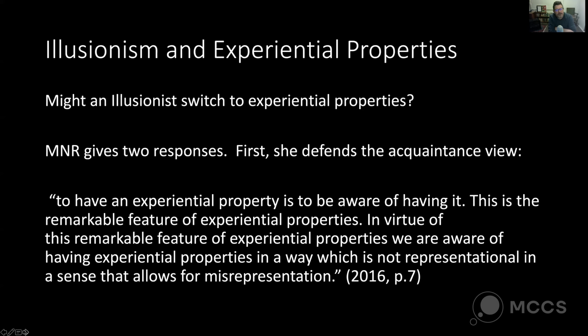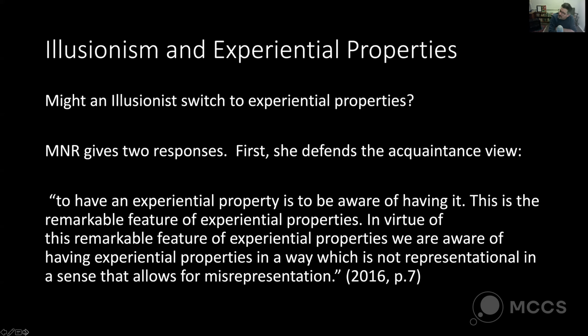To have an experiential property is to be aware of having it. One thing that would follow from that is that being aware of having it would itself be having an experiential property, which suggests another level of awareness and so forth. So in other words, we're off on a regress, which is a sort of standard problem for acquaintance theories. I'm not going to go into that here, but that's the sort of view which one could advance.